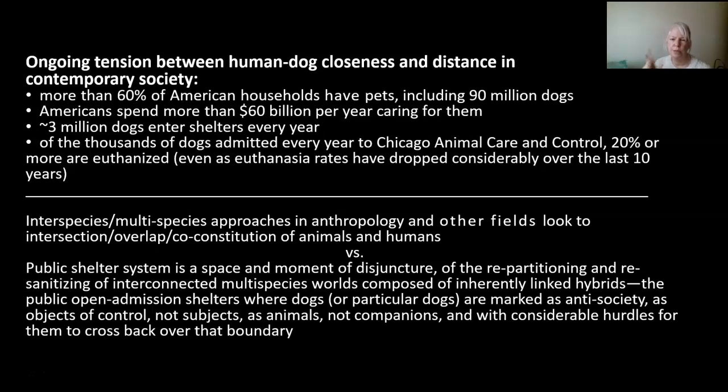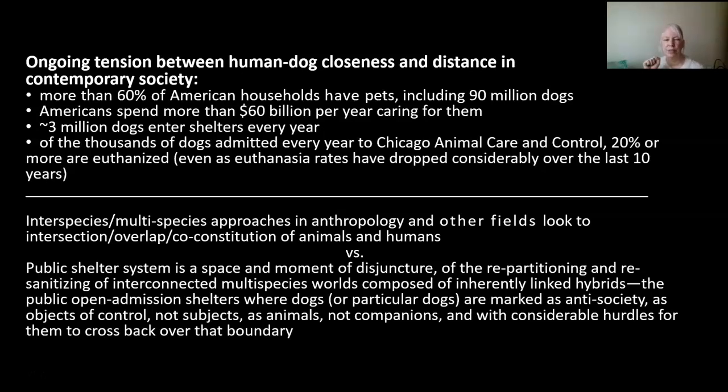We know that pets in general, dogs in particular, are a really important fundamental part of U.S. society and many other societies, but for the moment I'm going to talk about the U.S. More than 60% of American households include pets, and among those are 90 million dogs in the U.S. It's a huge industry.